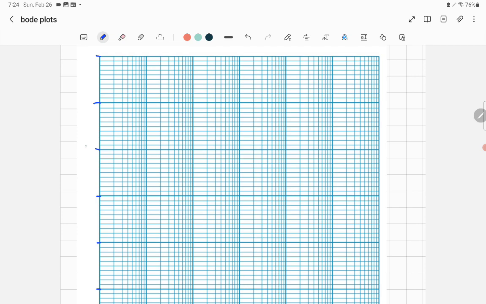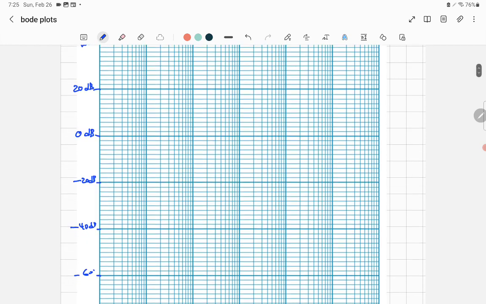If we choose this as 0 decibel, then that will be 20 decibel, 40 decibel, and then one below will be negative 20 decibel, negative 40 decibel, and so on. So you choose where your 0 decibel is, and then each division can be represented by 20 decibel, 40 decibel. It depends on the range of the voltage gain in decibel that you calculate.